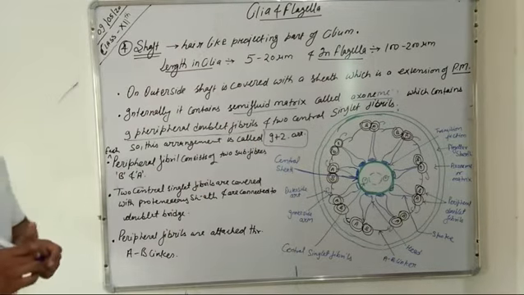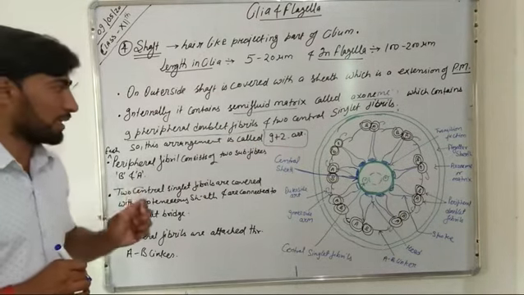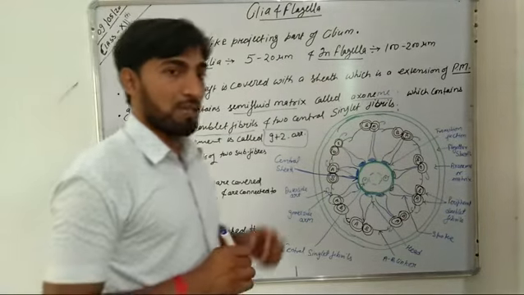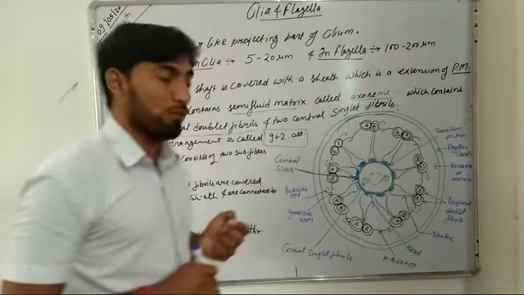So this matrix, that is the axoneme, contains 9 peripheral doublet fibers and 2 central singlet fibers, and this arrangement is called the 9+2 arrangement.